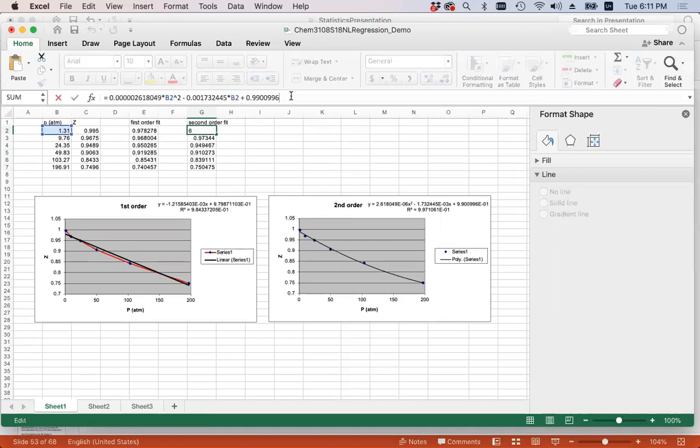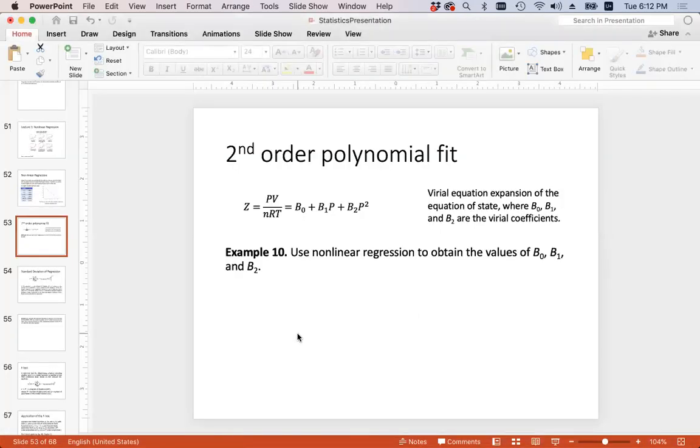And now I have, for each measured pressure, the best second order fit value. And the parameters you can read off of the graph here, right? Okay, so that's the simplest way to get the fit parameters if you're doing a polynomial fit.